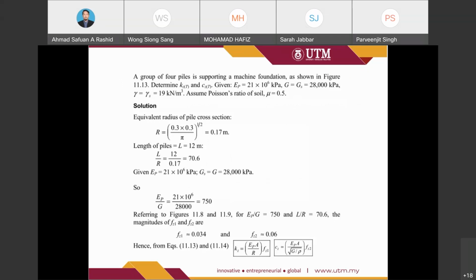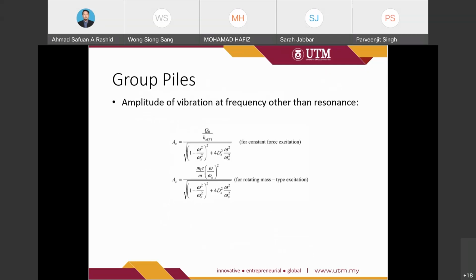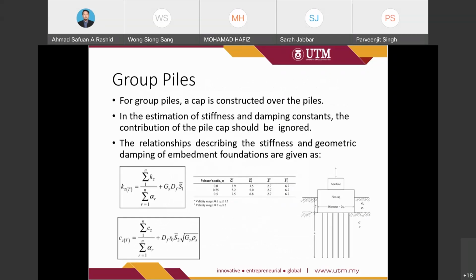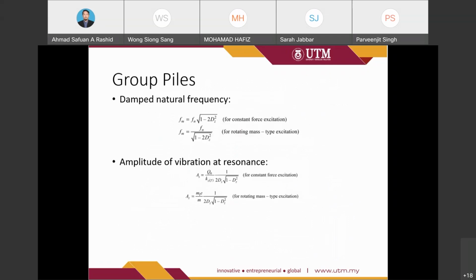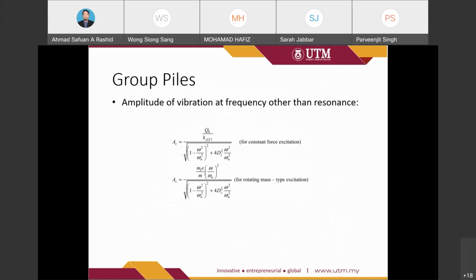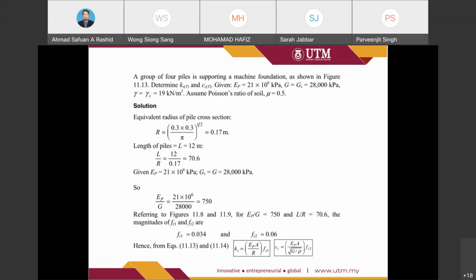So now we look at the last example. I will use the significant equations only, not all the equations provided in this slide. Our interest is only to know the KZ, the stiffness, and also the damping value.